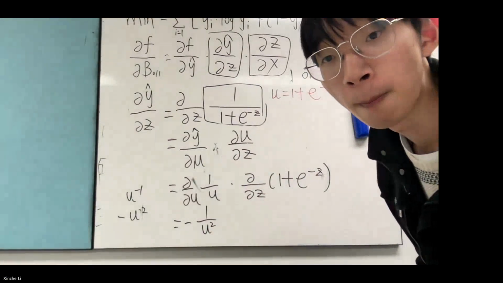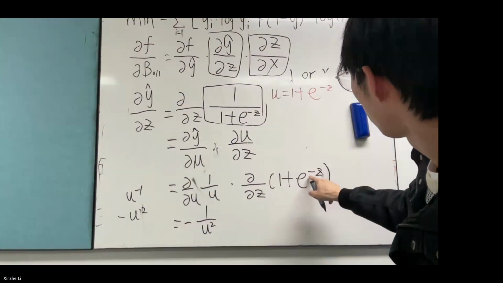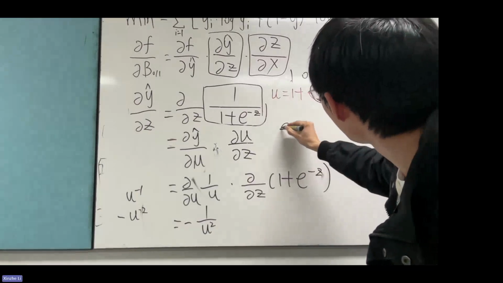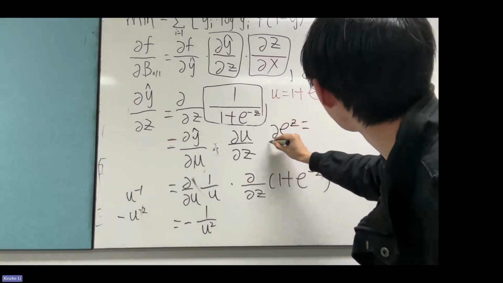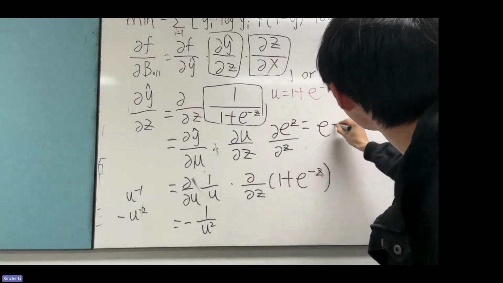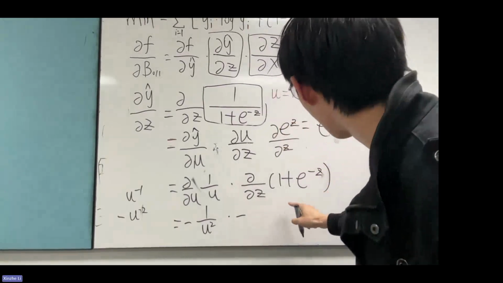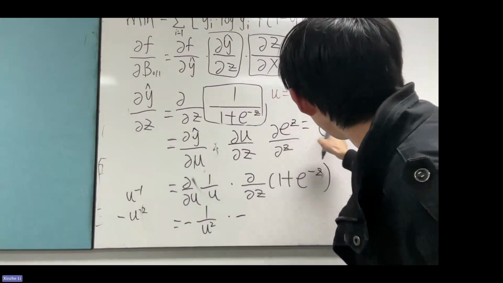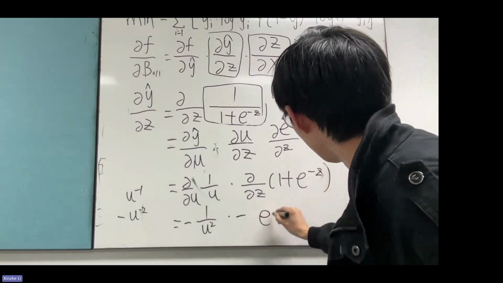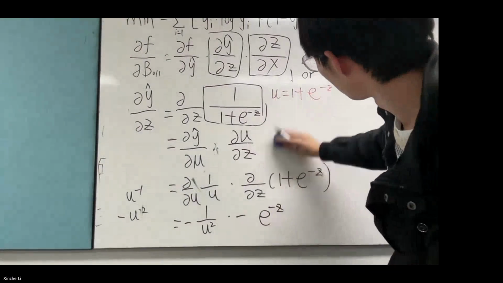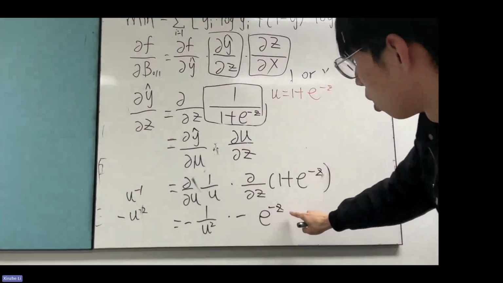For the other part, you have e to the minus z. The derivative of e to the z is e to the z, but we have a minus sign here, so we also put the minus sign as a constant. Since the derivative of e to the z is e to the z, here it is e to the minus z. Okay, so this is the derivative.